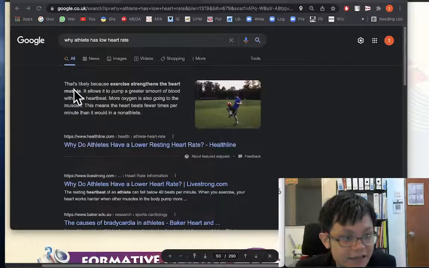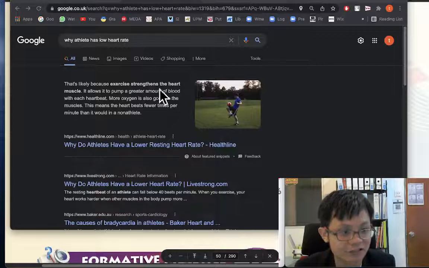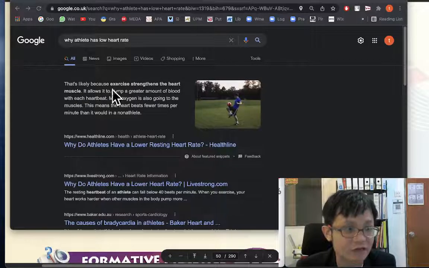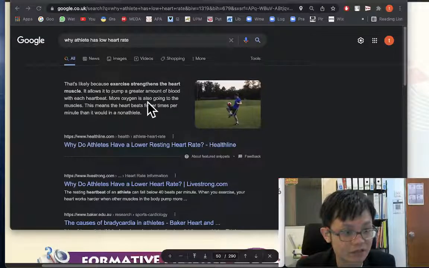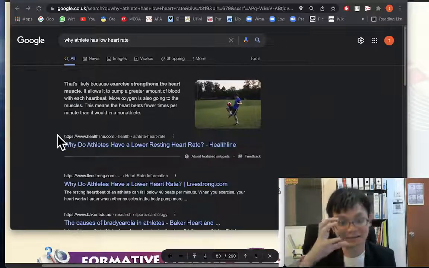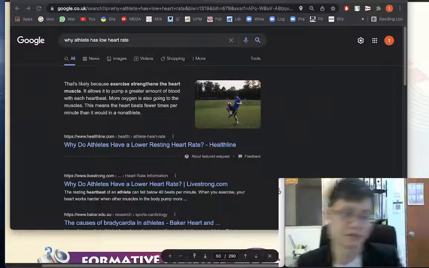So we can see they are likely to exercise and strengthen the heart muscle. It allows them to pump a greater amount of blood with each heartbeat. More oxygen is going to the muscle. That means the heart beats fewer times per minute. It means their heart is stronger.